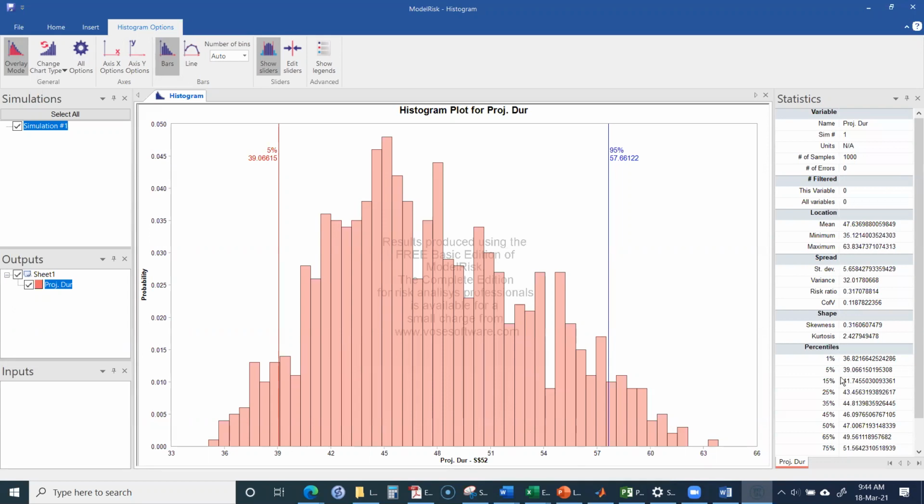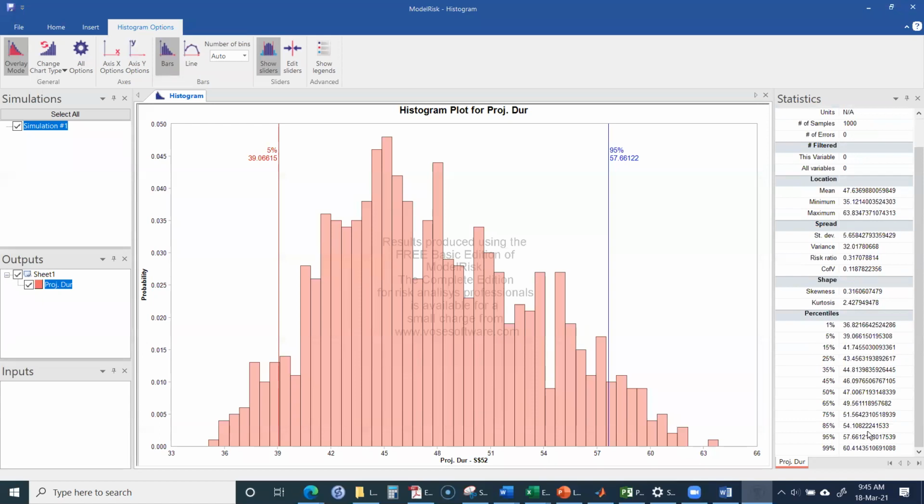There is a 5% chance that the project will finish in 39.06 days or less. There is a 25% chance that the project will finish in 43.45 days or less. So in this way, we can read through this data.